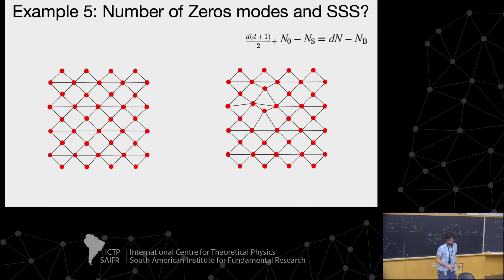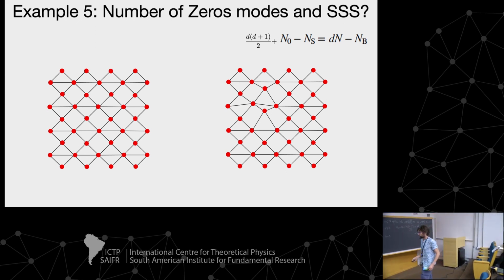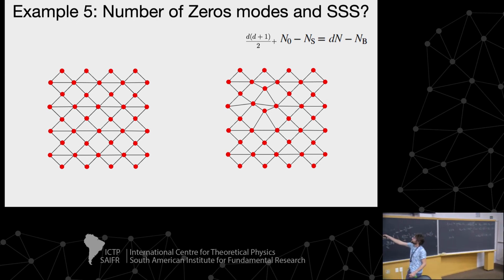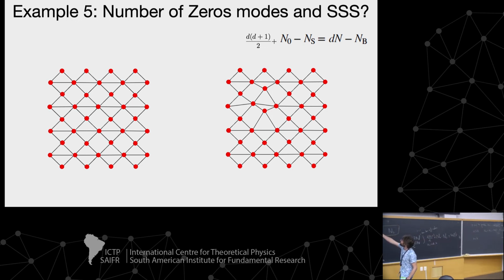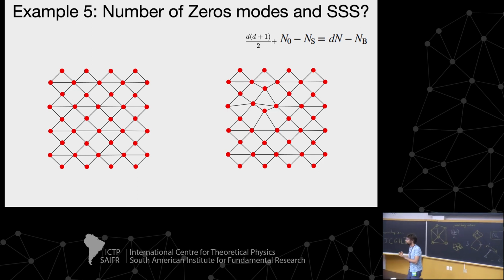All right. Here is another example that I like very much. These are squares that are rotated, connected by the vertices. And you can do the counting. Here, what you find is that this object always has more states of self-stress than floppy modes.